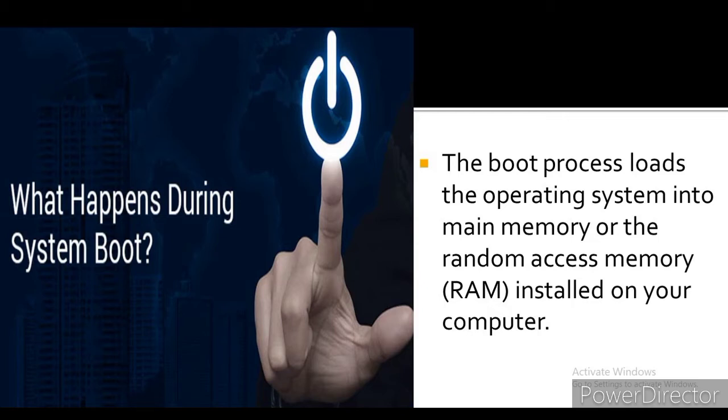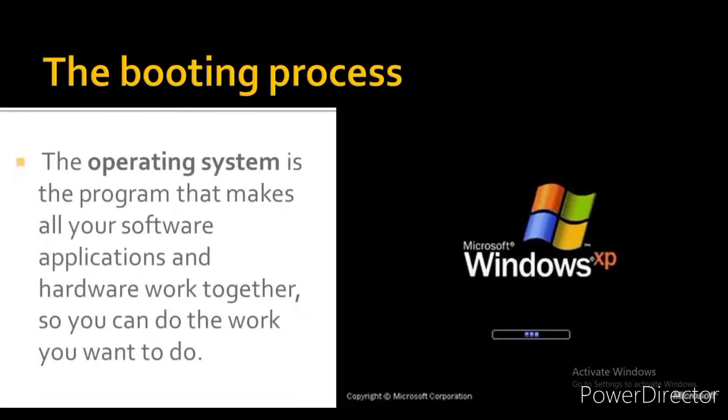Now, this happens during the time of booting, but we do not see it. But the computer is running a series of processes before the computer is finally turned on. Some of these processes: when pushing that power button, it activates the operating system of the computer, which is loaded into the random access memory. Why does it affect the random access memory?